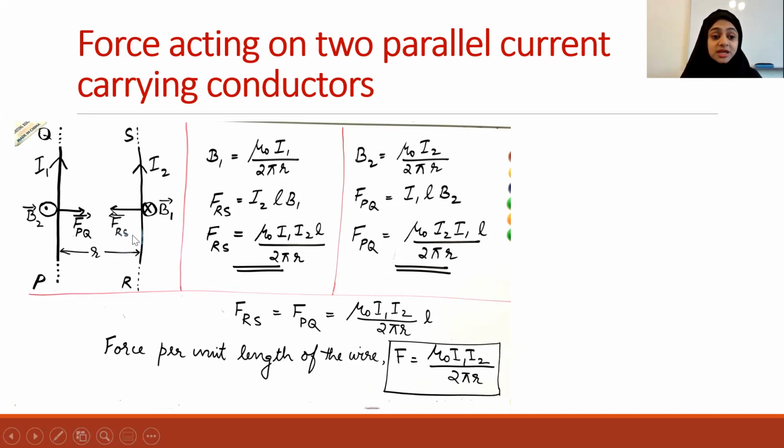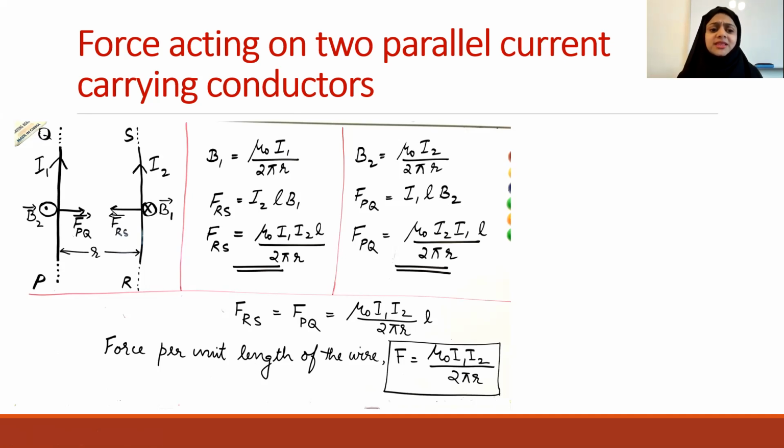And they are towards each other, which means PQ is pulling RS towards it and RS is pulling PQ towards itself, which means they are attracting each other. So if two parallel wires carry current in the same direction, they will attract each other. They experience an attractive force.